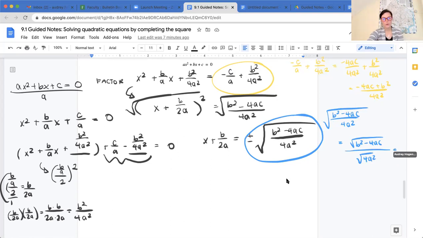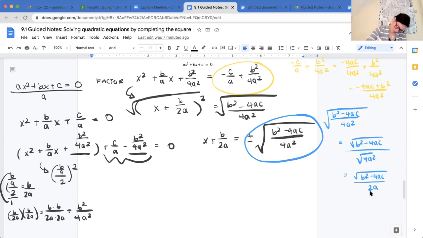And then hopefully you can see that the square root of 4a squared is the square root of 4, which is 2, times the square root of a squared, which is a. So my denominator is going to simplify to just 2a. So I'm going to have the square root of b squared minus 4ac all over 2a.